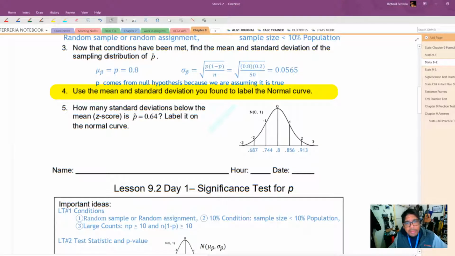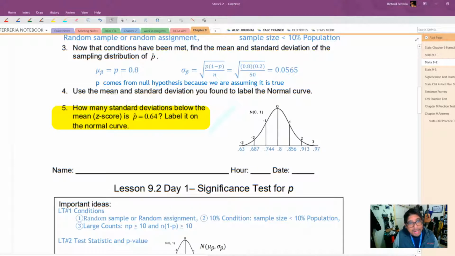Okay, I think I did that pretty well. 0.8 for the mean, right in the middle, and then minus 0.0565, and I went and did it to 3 decimal places just so it fits a little bit better here. But here is our normal curve, which is kind of foolish of me in hindsight, because I needed to go all the way down to 0.64, which means I needed to go all the way to 3 standard deviations.